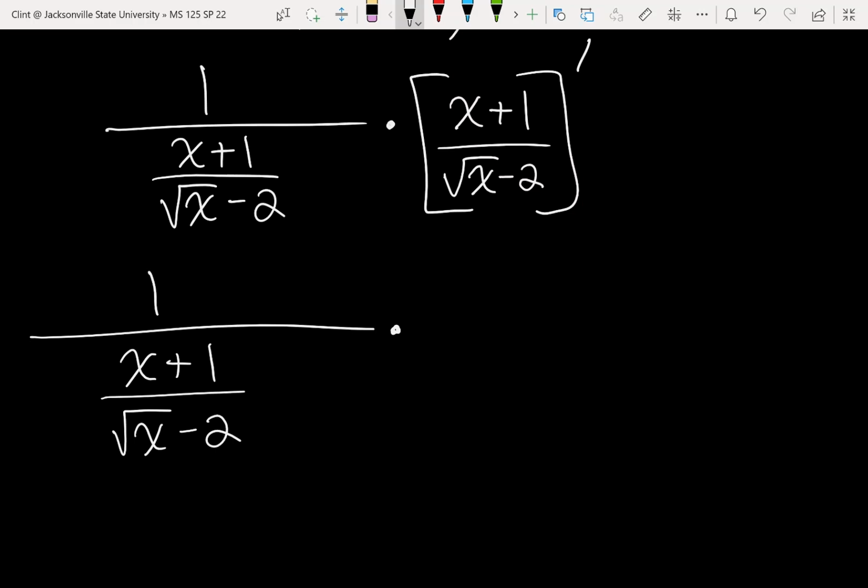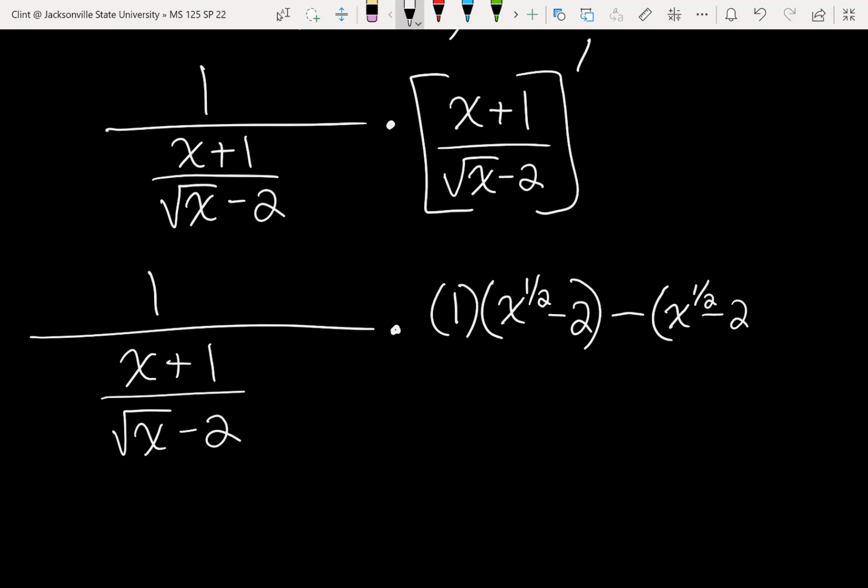I take the derivative of the top, just 1, times the bottom. So I'm going to write it as x to the 1/2 minus 2.